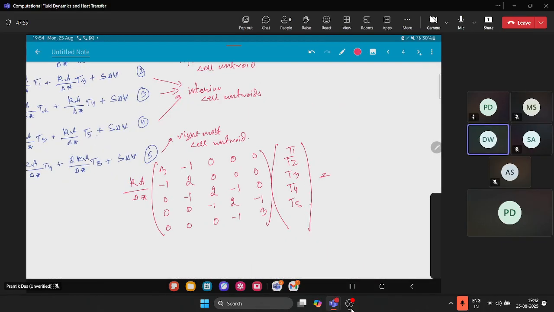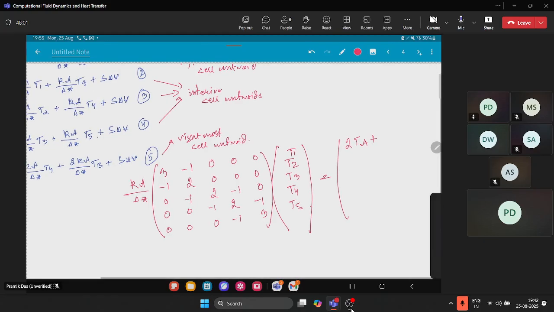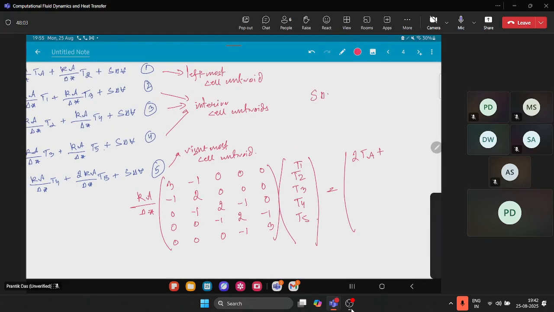equals 2TA plus, in the previous class itself I've written that you can express s delta V as AC plus SPTP. So for the time being we are assuming that your s delta V is a constant. If it's a constant and not a linear function of Tp, then AC is basically equal to some value, so I'm writing it as AC itself and SP becomes equal to 0.